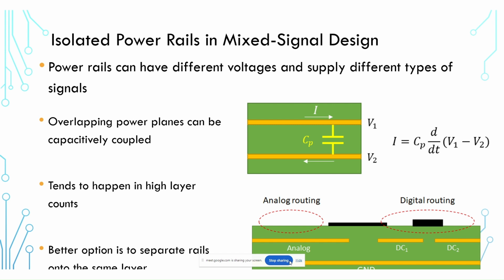And then you place them over ground on the very next layer. This is one way to use that signal, power, ground, signal stackup effectively to eliminate this potential radiation problem when you have overlapping power rails. So we would not want to take, for example, DC1 and put it above this analog supply and then route it, because then we potentially have a mixed signal EMI problem.